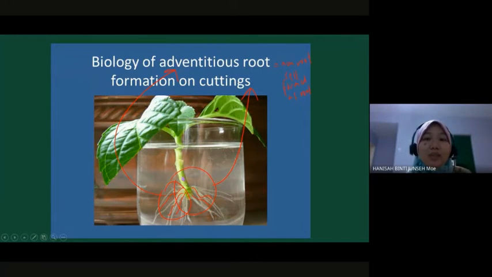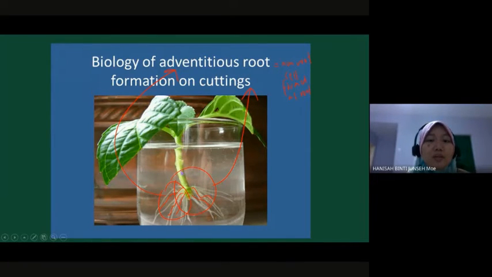Auxin helps the adventitious roots to develop. You can look at it in daily life, or you can do an experiment in your kitchen at home, where you can cut the stem of vegetables or any herbs and immerse this stem in water, and in a few days you will get this adventitious root.